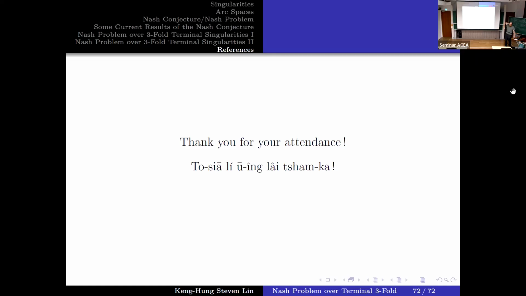You are asking why it maps to the divisor?